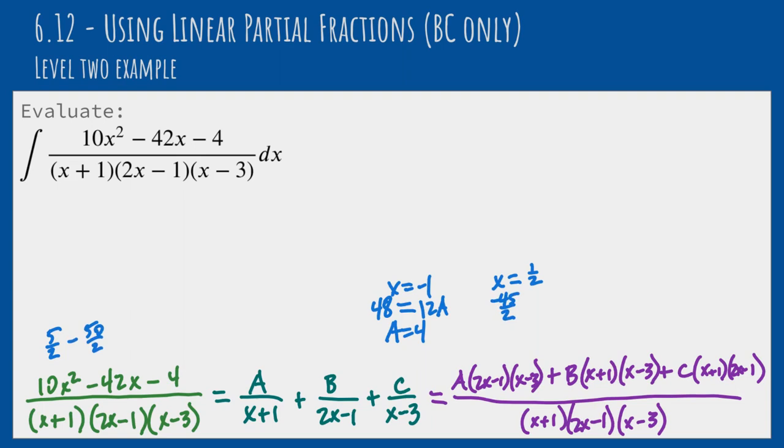And then with the 1/2, this term and this term are both going to be 0, and all we have to worry about is this one. So plugging 1/2 in for B, this is also going to require a little bit of arithmetic. So it's going to be B times 3/2, and then 1/2 minus 3 is -5/2.